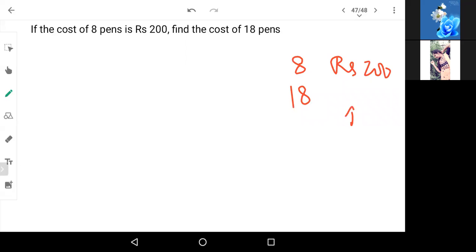Now tell me if this will increase or decrease. X will increase or X will decrease? Increase. Sure, right? Everybody is sure. X will increase. So if one increases and the other also increases, which type of proportion is this?